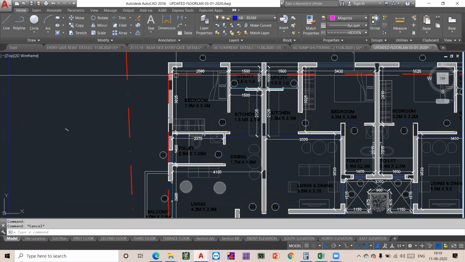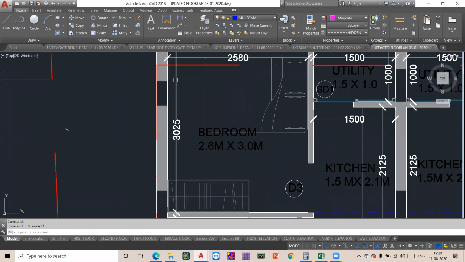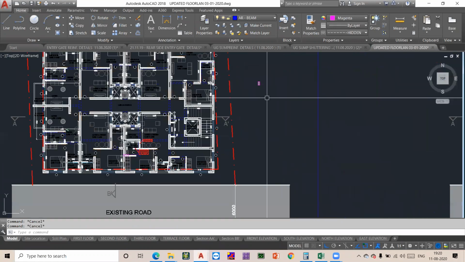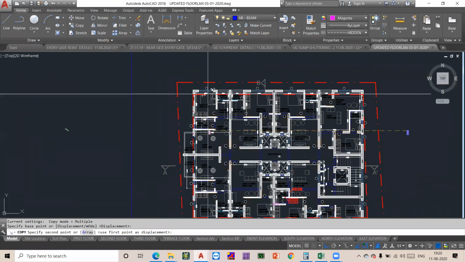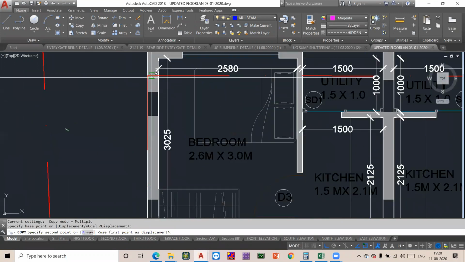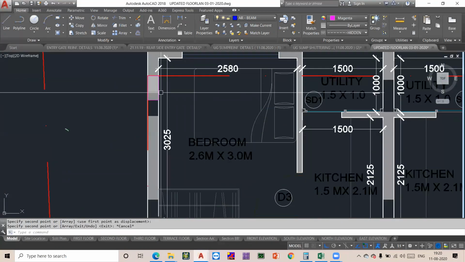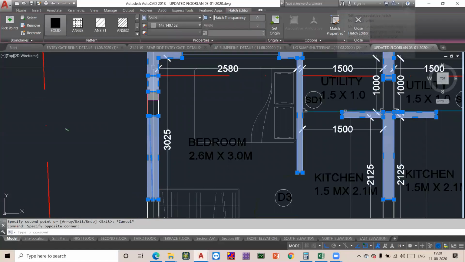You cannot have any column outside this setback line. So to start with, you need to be having your column placed well within your setback line. Okay, this is my setback line I have placed in my columns.